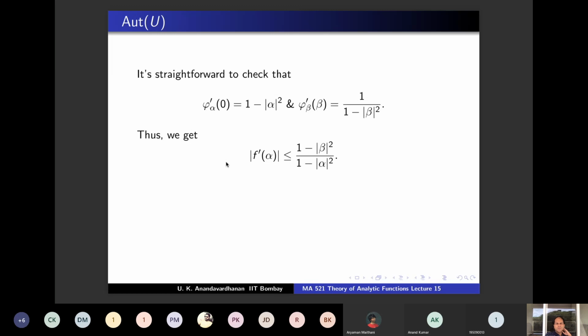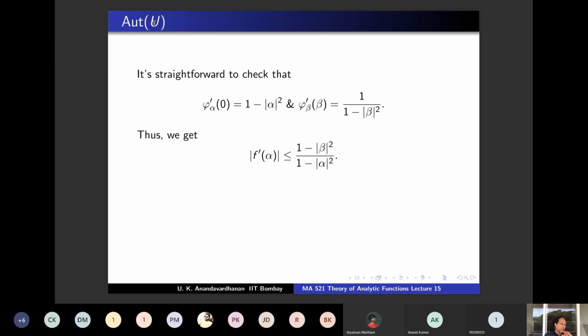Okay, so you are getting a bound, and we are going to use this extra fact in order to classify. So what have we done in the previous slides? We have shown that phi alphas belong to Aut U, the automorphisms of U, biholomorphic maps on U. Automorphism means a biholomorphic map on U: holomorphic, bijection, and the inverse is also holomorphic. That the inverse is holomorphic is automatic because it's a bijection, it's 1-1, and 1-1ness gives you that the derivative is never vanishing.